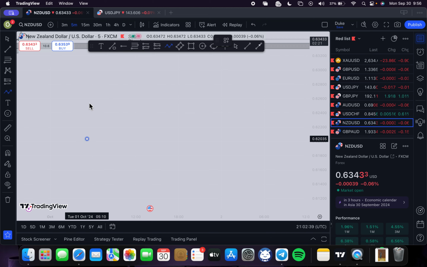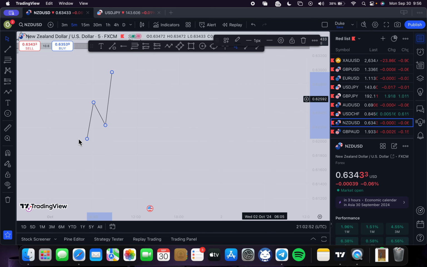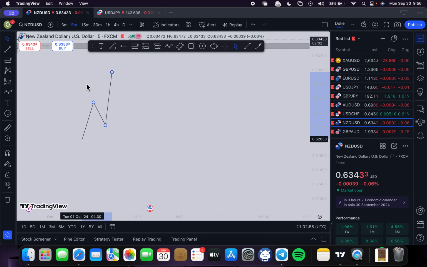Remember your higher highs and higher lows, right? Your normal higher highs and higher lows. You get, normally we expect the trend to move like this. We expect the trend to move like this. And it does move. Normally the market moves like this, but it's not always like this on the lower time frame.